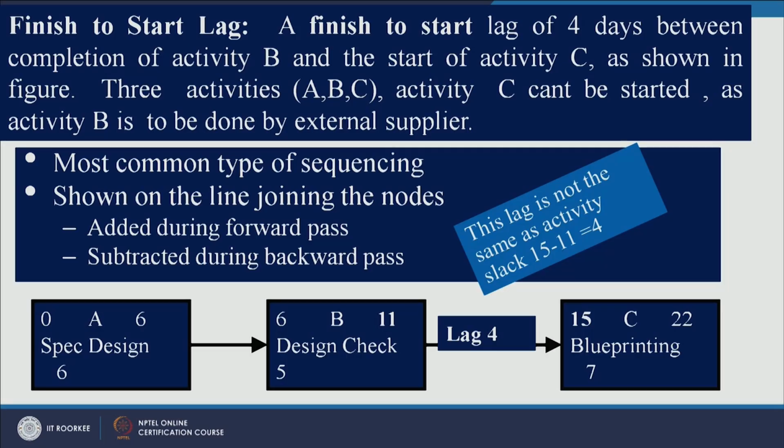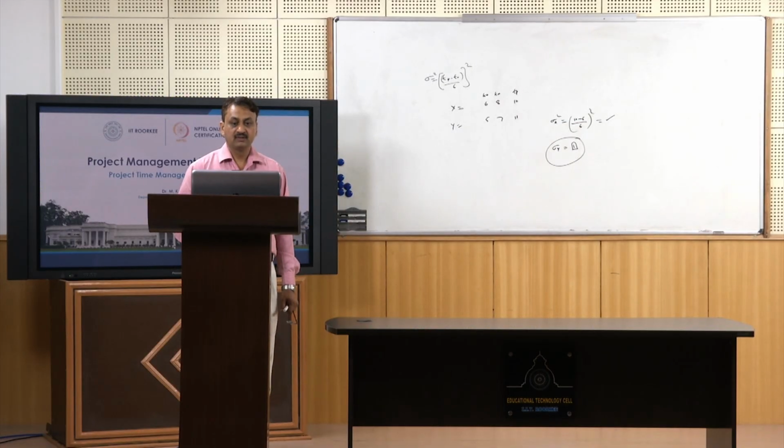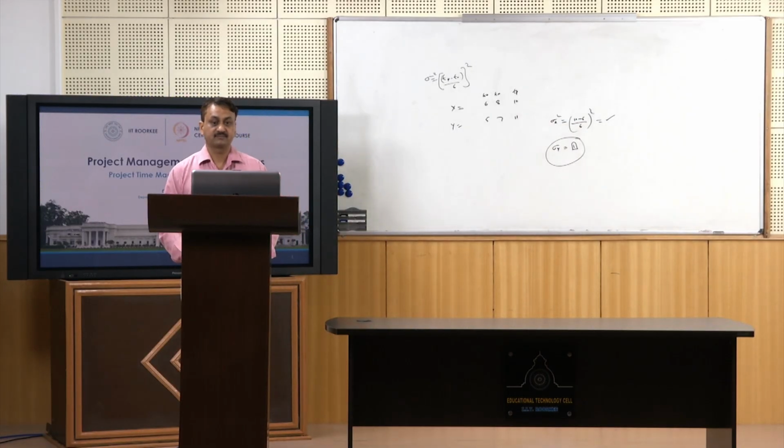Let us look at finish to finish lag. When you say finish to finish, the time between finishing of the preceding activity and the succeeding activity is the same, or both of them will finish at the same time, right.